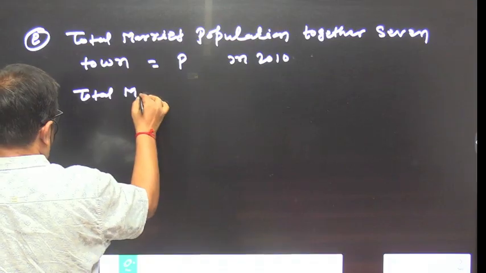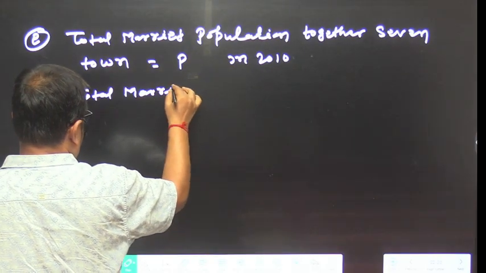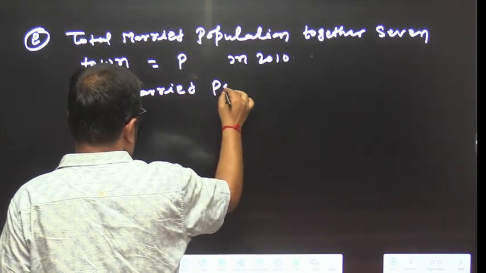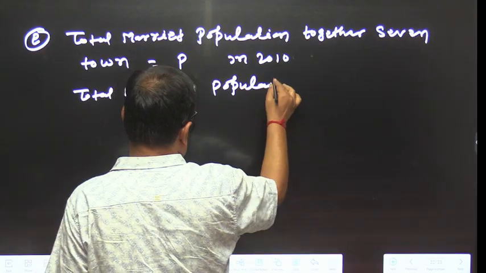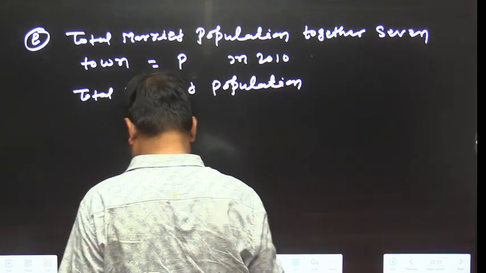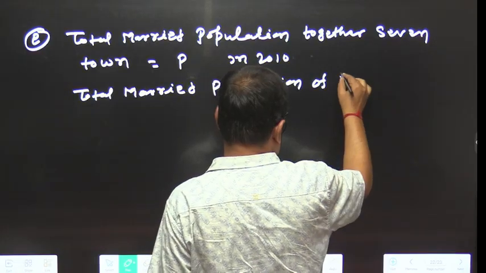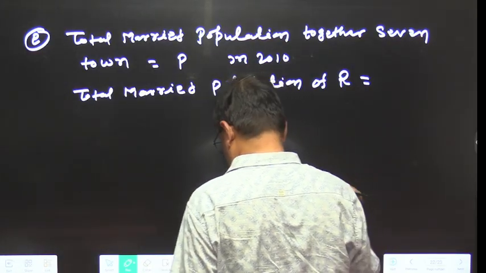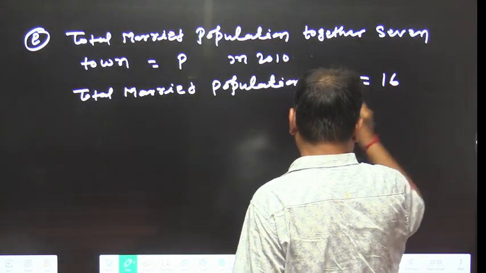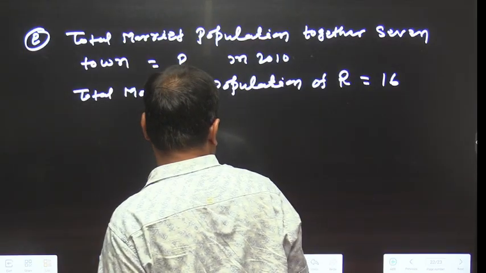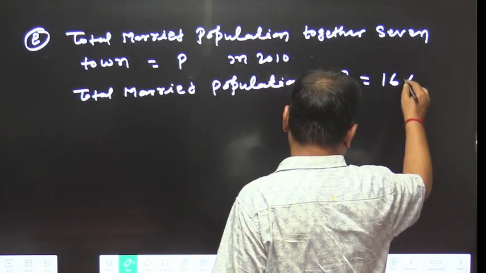Total married population of R equals to 16%.